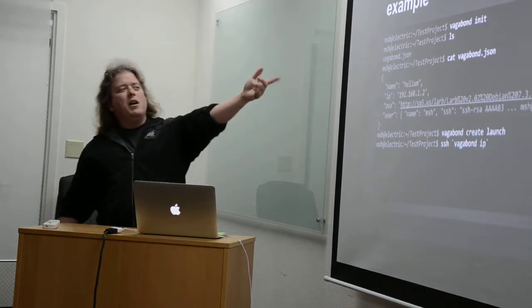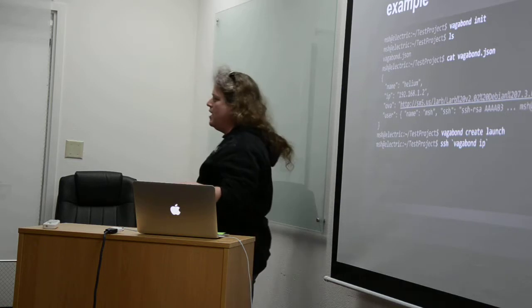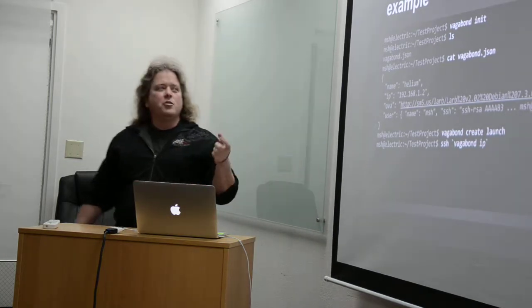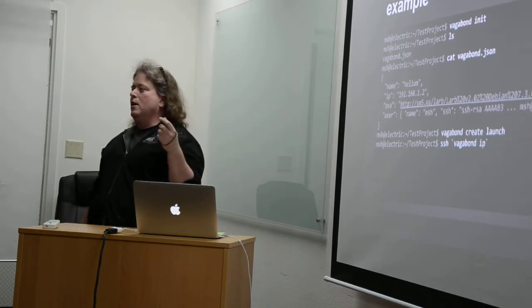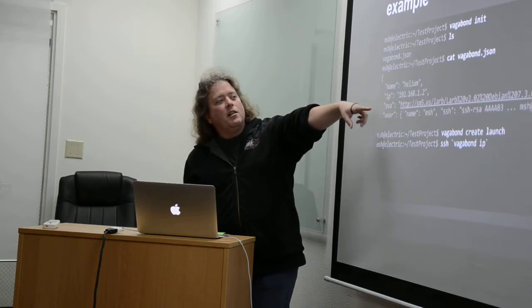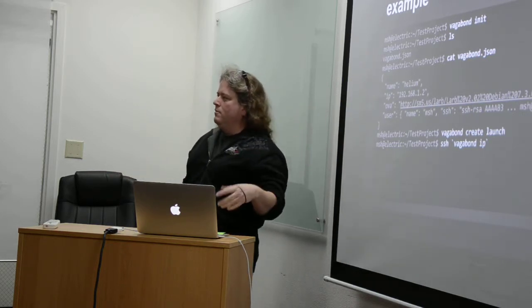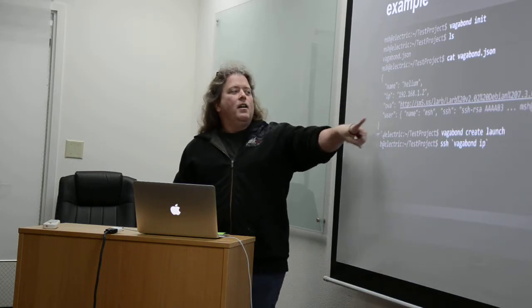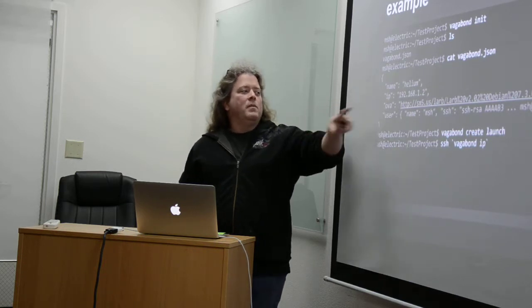So this is just an example of how you might use it. You have the Vagabond command, and you say init, and that's going to generate a JSON file in your current directory, which describes all of the features of the virtual machine it wants to start. What you can see here is vagabond.json, the standard name for the Vagabond JSON file. We're going to have a host name called Helium.